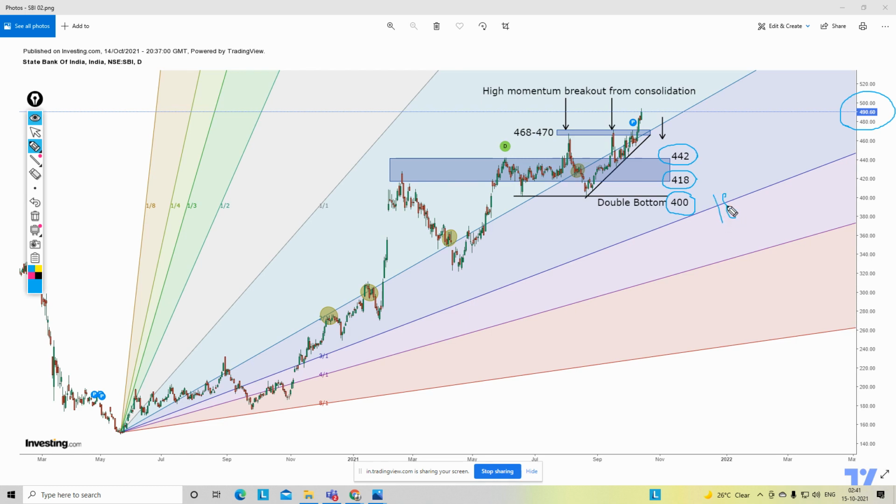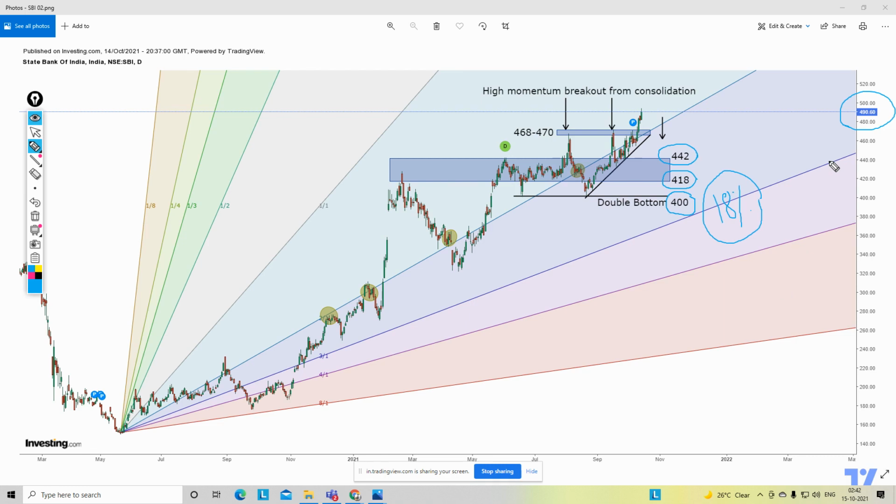So on all practical reason, we can say that if any bad event also happens, at least nothing worse will happen than the COVID which we have recently surpassed. So it will not correct beyond 18 to 20%, correct, beyond 18%.